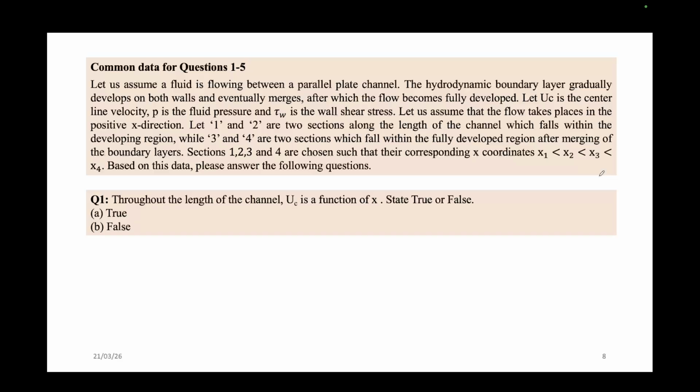Okay, so anyone? Good. It is false. So why is it false? Because already I have told you that if this is the profile, remember one thing: velocity basically means kinetic energy, right?